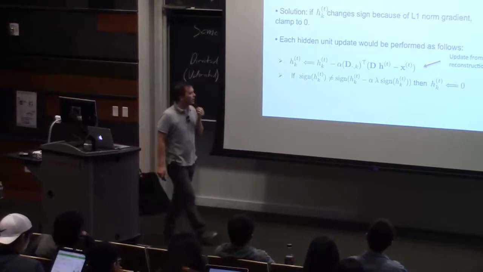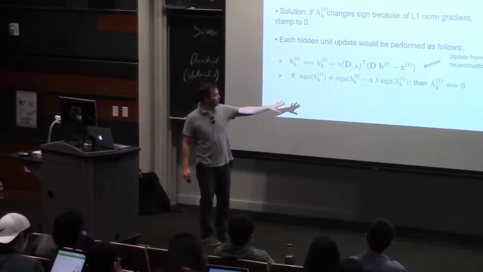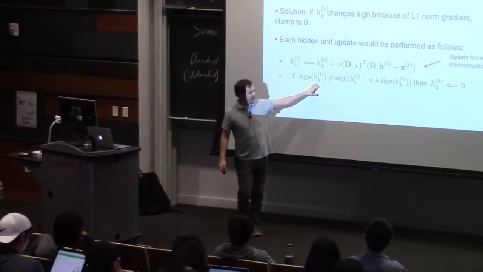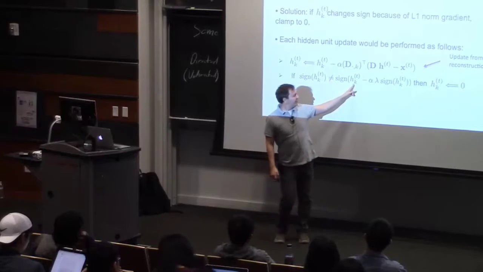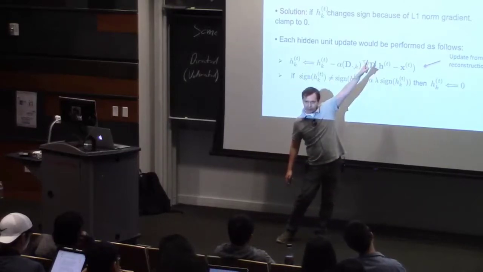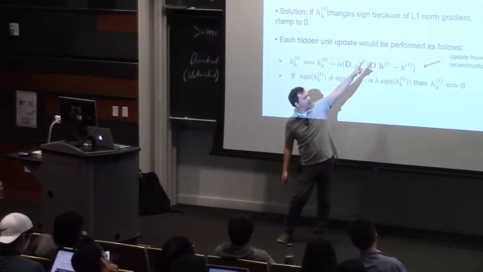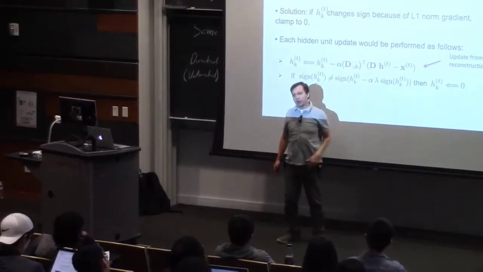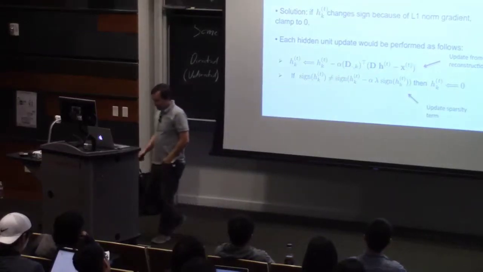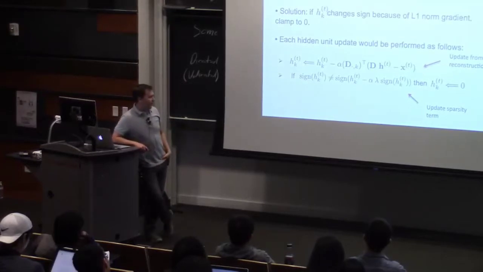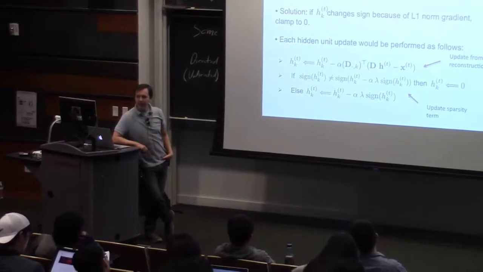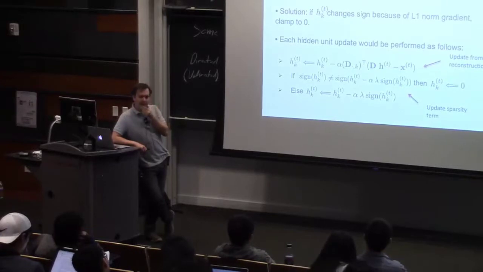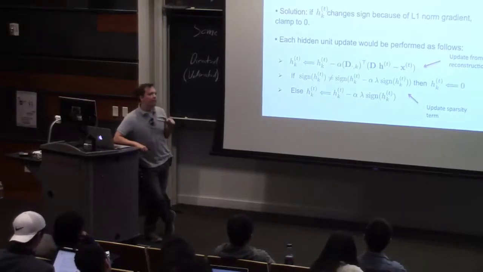If the sign of your current state H is not equal, so if you're flipping the sign between your hidden state minus what's coming from the gradient part, what's coming from the regularization part, then you clamp it to 0. And this is the update of the sparsity term. Otherwise, you just do the regular gradient descent.